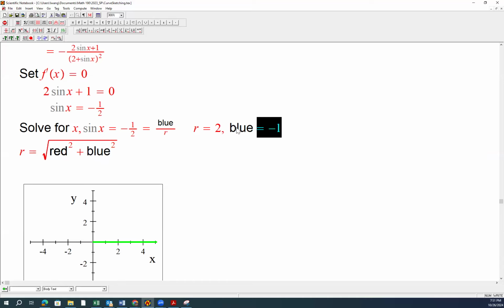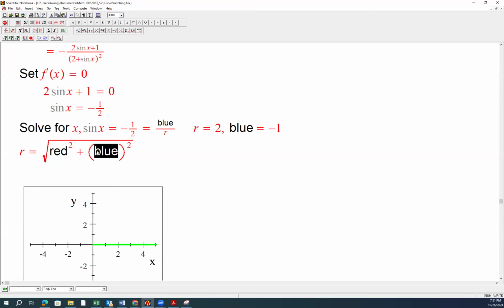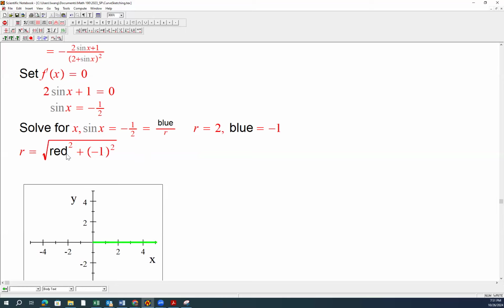We know blue equals -1, and -1 squared is 1.